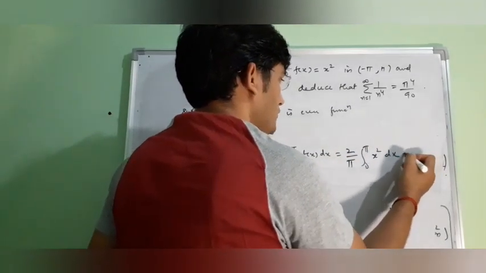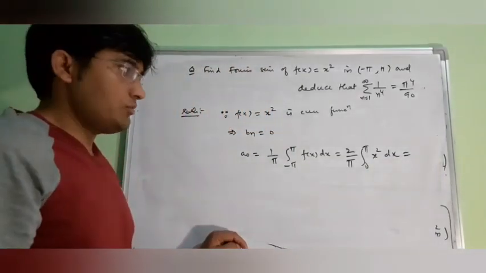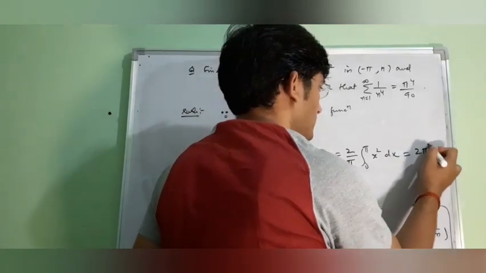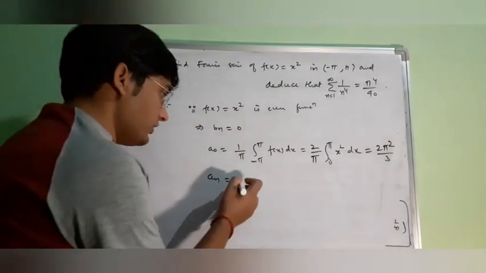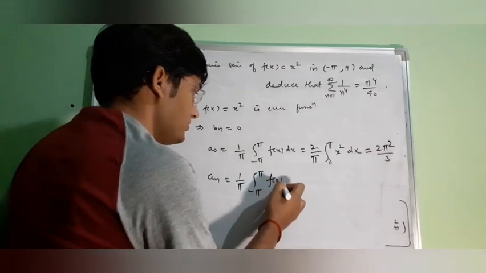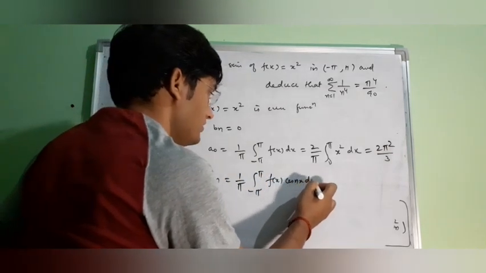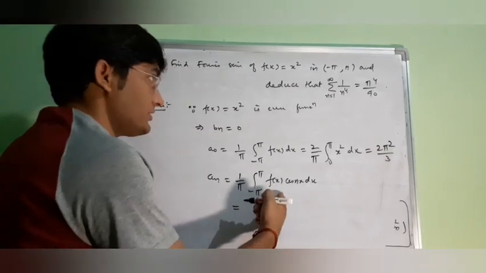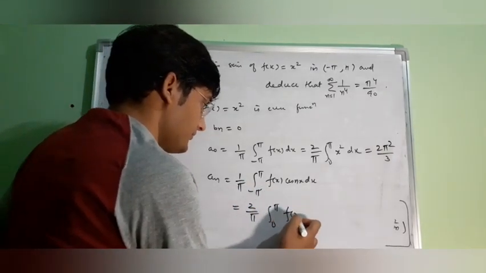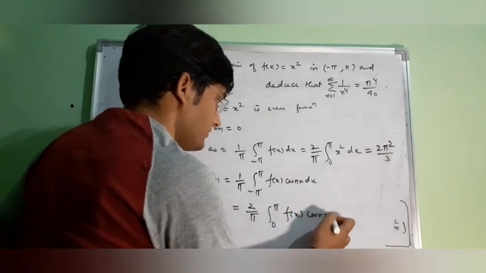Now the integration of x square will be x cube upon 3, so this will be 2 pi square by 3. This will be your a0. a_n equal to 1 upon pi integral minus pi to pi of f(x) cos nx dx. Because the function f(x) is even, we have this term.